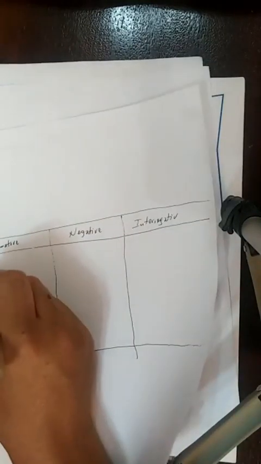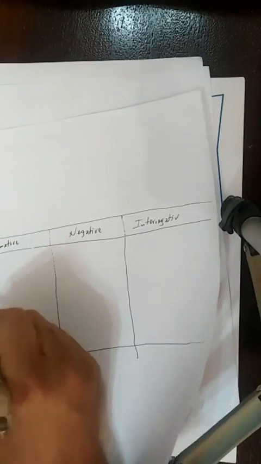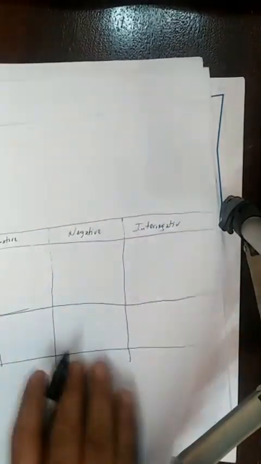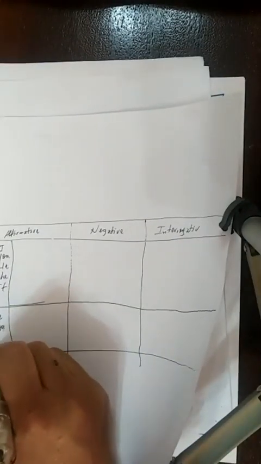We have I, you, he, she, and it, and then we said that these are singular pronouns. Then we have we, you, and they.